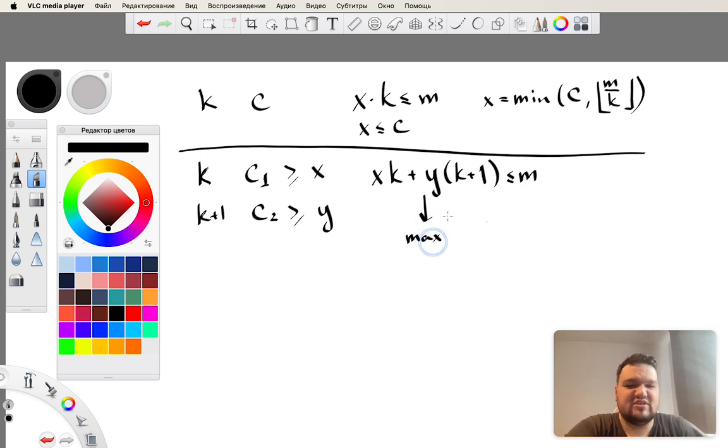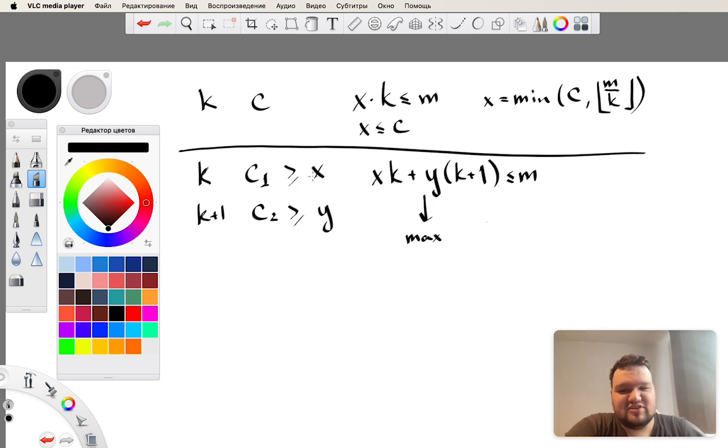So we want to get this number to be the largest possible that does not exceed m. What can we say? So now we have two parameters, so it's not as simple as it was before. But if we fix one of those parameters, it will be as simple as it was before.